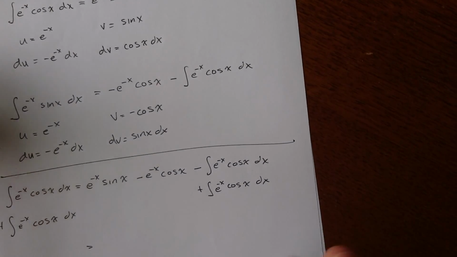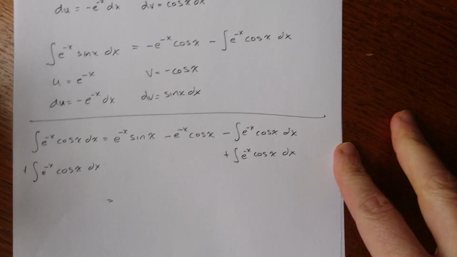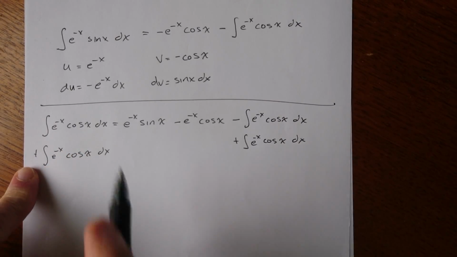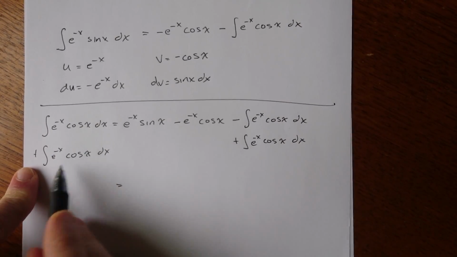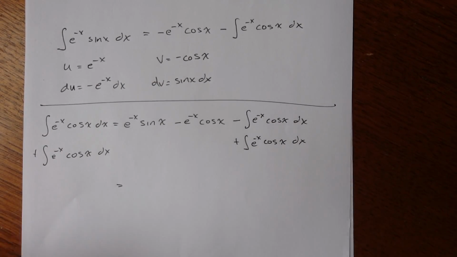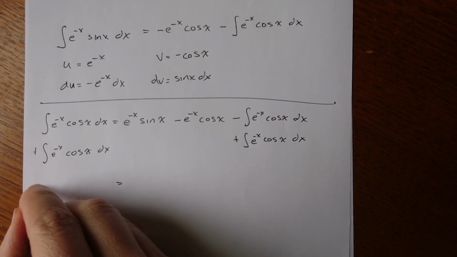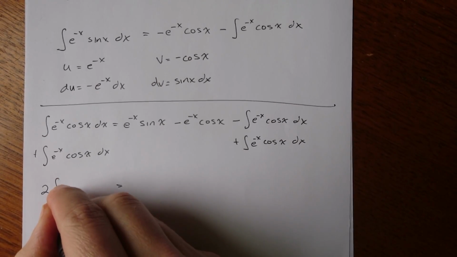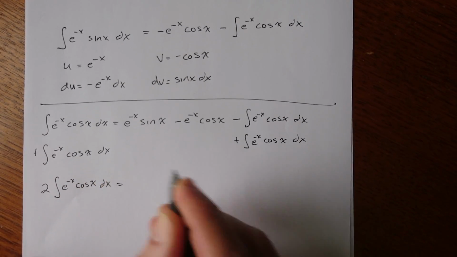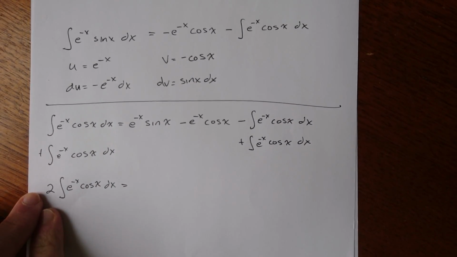Okay, so there's a lot of notation happening here, but what's happening over here is we've got a thing, and we're adding the same thing to it. So when you take a thing and add itself to it, you just get two of that thing. All right, so now we have two of those integrals.